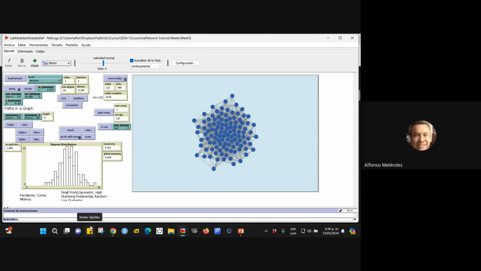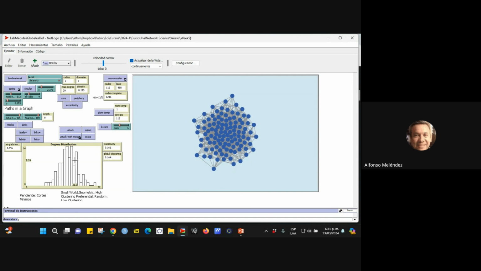Yes. If you have a real network and you are studying this network, and you find, for example, that the clustering, the path length, and the distribution are similar to this, you could use the properties of the random model to predict properties of the network. That is the objective of the model. Random models have a lot of properties that have been studied for 40 years, like how the global clustering behaves, and there are mathematical formulas.